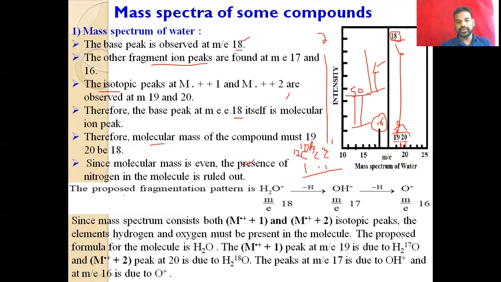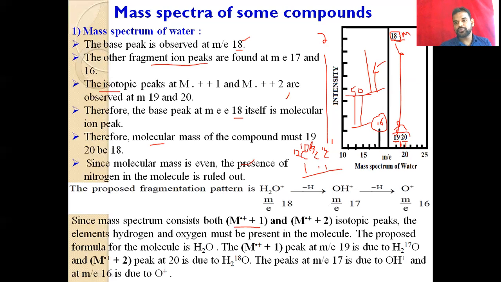Then in the isotopic peaks, we can expect two isotopic peaks. They are M. M means molecular ion peak. We have two isotopic peaks here, M plus 1 and M plus 2. M plus 1 means 18 plus 1, that is 19, the isotopic peak.